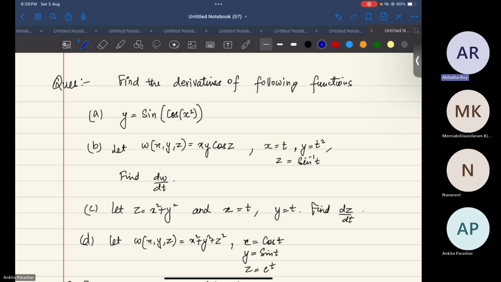We can substitute the values and try it that way. Yes, this is one way: you substitute x, y, z in terms of t and write your function in terms of t directly.